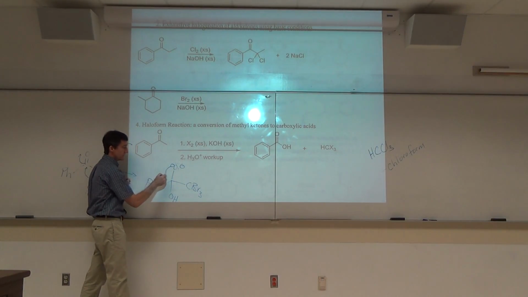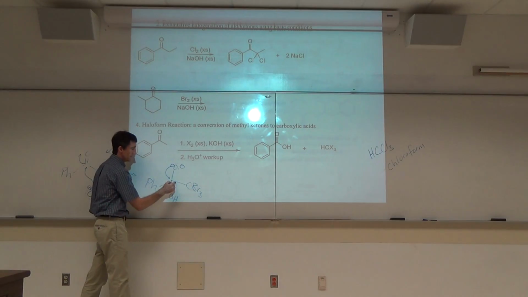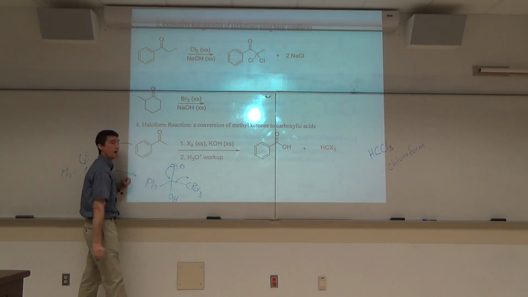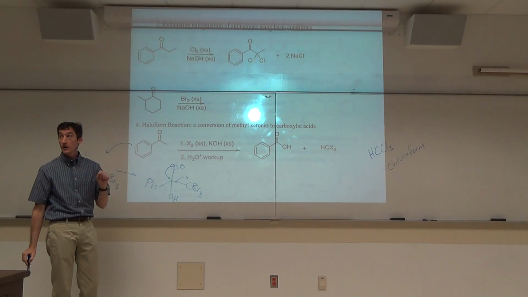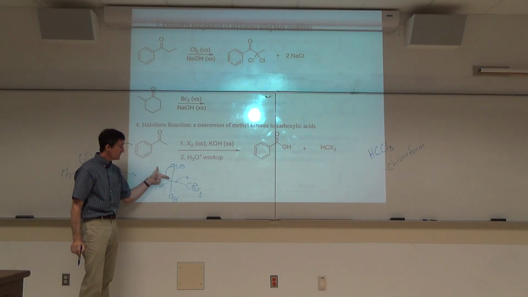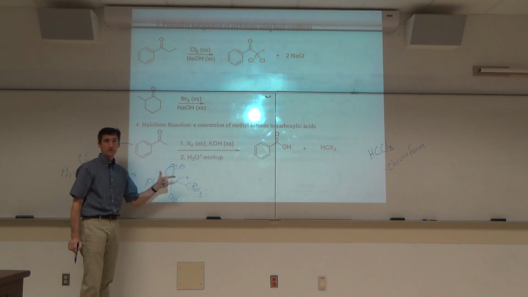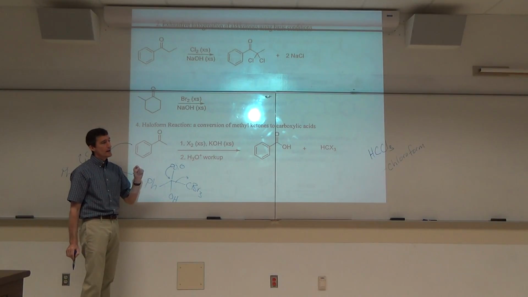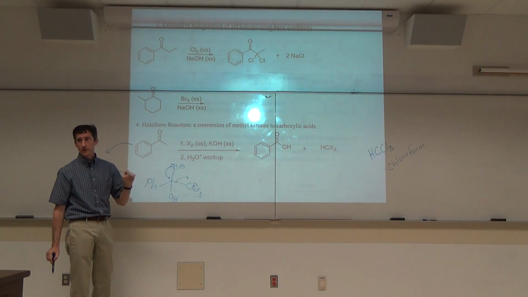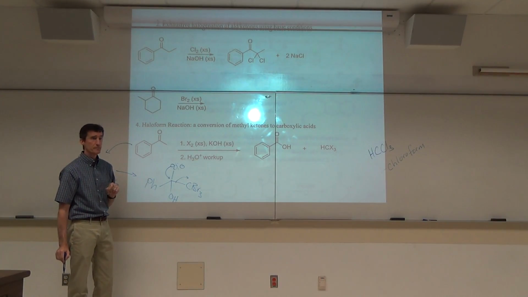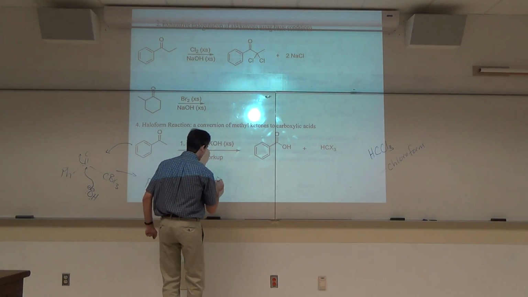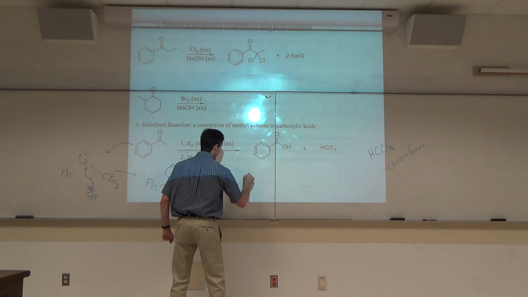Electrons down, and what do we kick off? CBr3. We're actually kicking off a carbon. But anytime you can make a pi bond and kick off a leaving group, this is pretty easy to do. Now we said you don't kick off plain carbons or plain hydrogens. But what are we kicking off here?